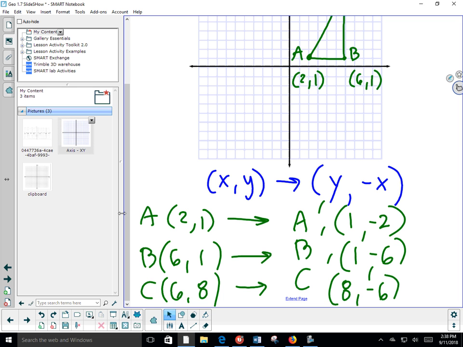And there was this one, 8, negative 6. Interesting.